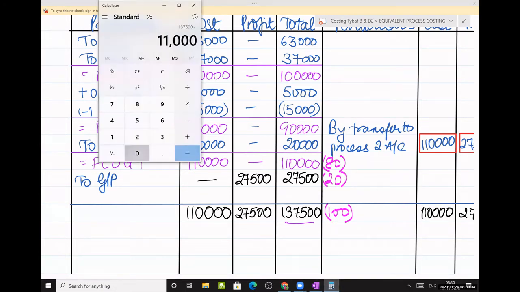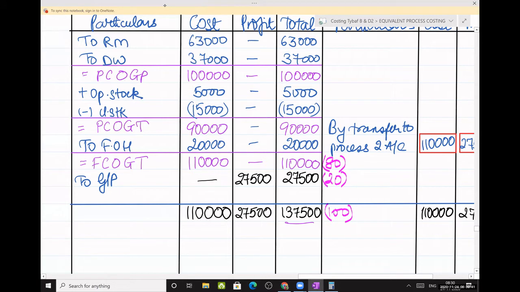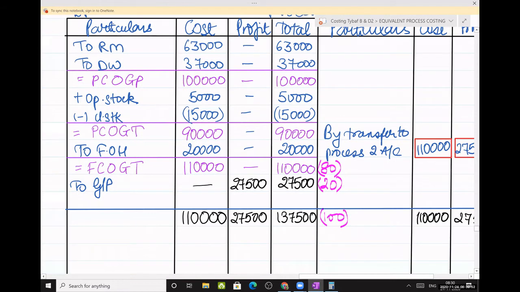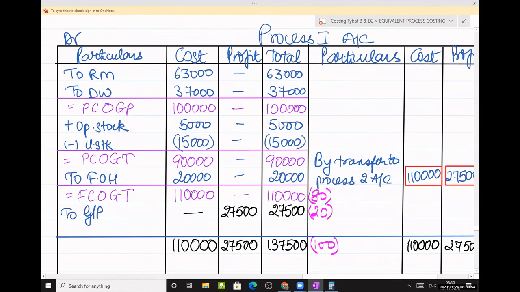Minus 1,10,000, 27,500 is the profit. So this completes my debit side. It's easy, just try to sink in with caution.